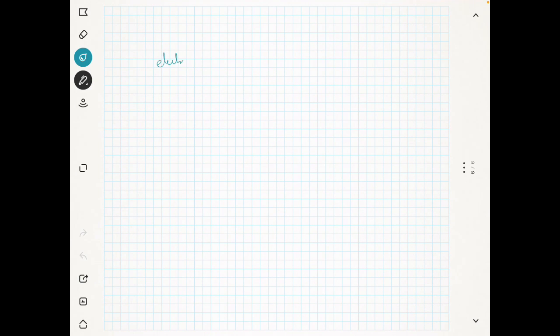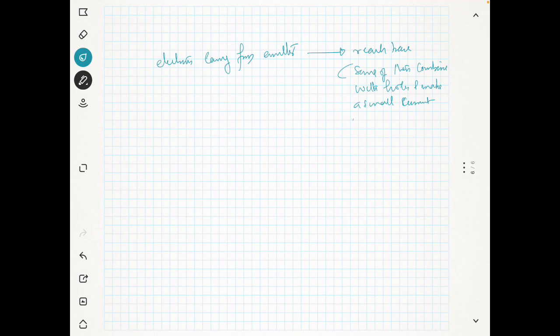That means electrons coming from the emitter will reach the base, and some of them combine with holes and make a small current, which is known as the base current. So that's what is happening at the base.